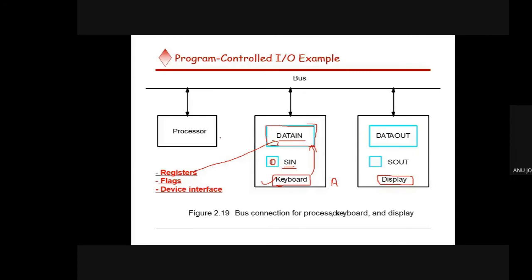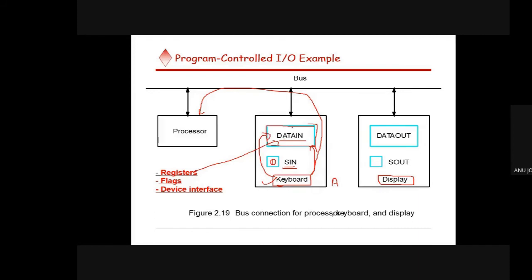So how will the processor get to know whether the data in register is full or not? Instead of transferring the first character from here to here, which takes time, from the keyboard device all the data will be kept in the data in register. Once the data in register is full, your SIN will be updated to 1.